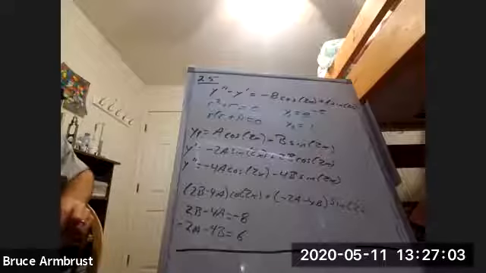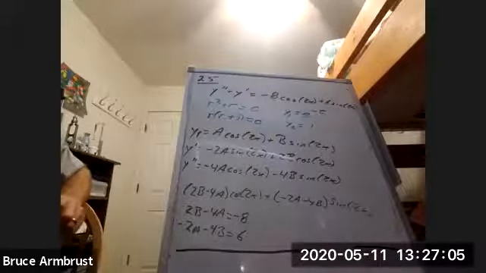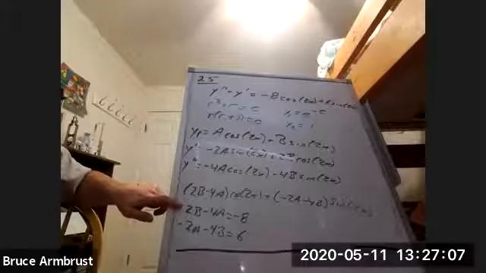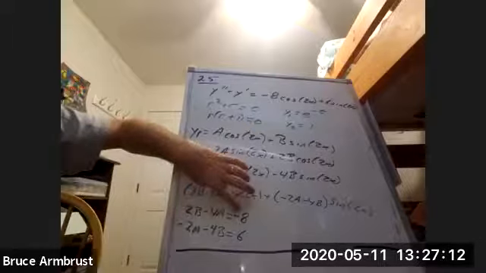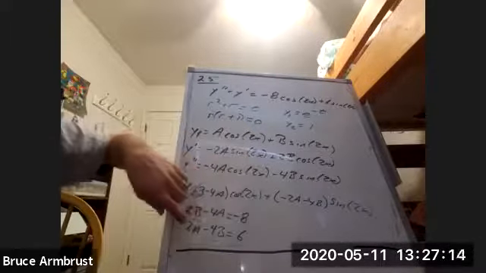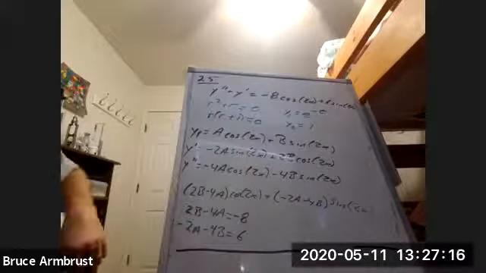And now we get to solve. If you multiply the first one by 2, the B's will cancel. We get minus 10A equals minus 10. So I think that gives us A equals 1. Let me check that. B is negative 2.